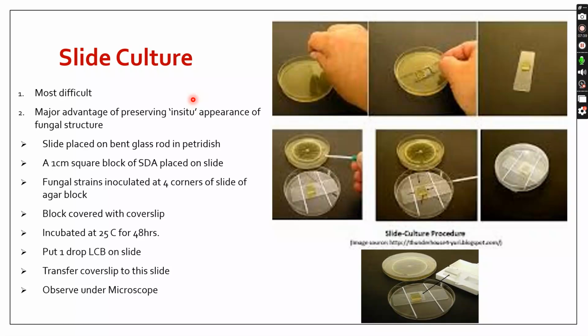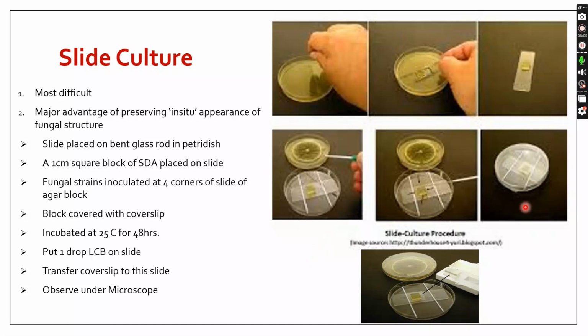Now the slide culture is also one of the important methods. It is the most difficult method, and what we do here is put a bent glass rod in the petri dish. Then we put the slide on it. Then we put a 1 square centimeter block of this media on the slide.